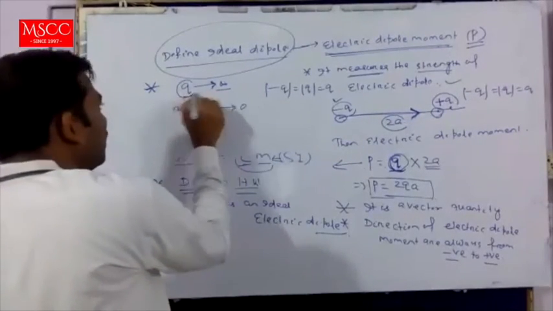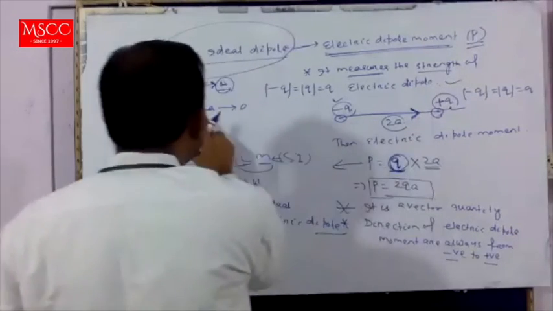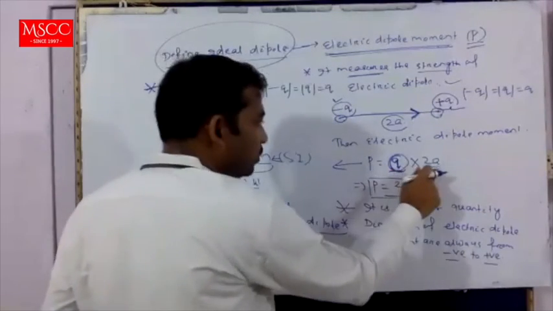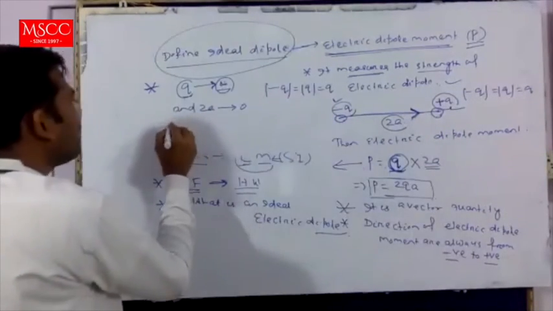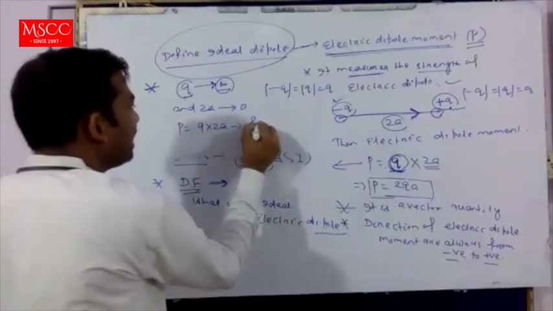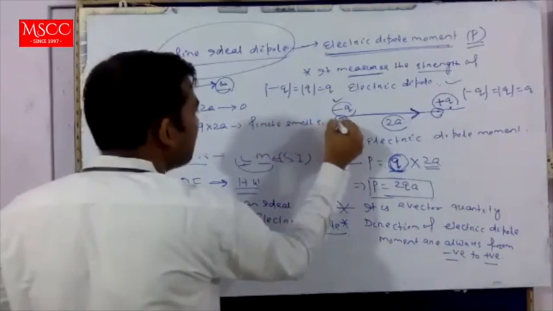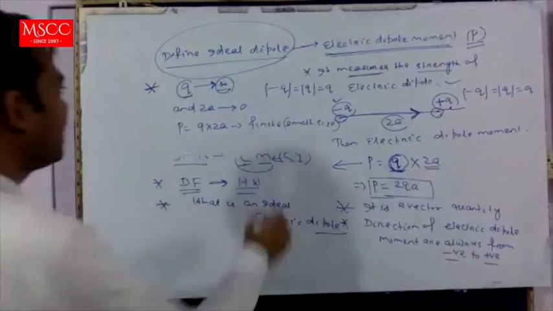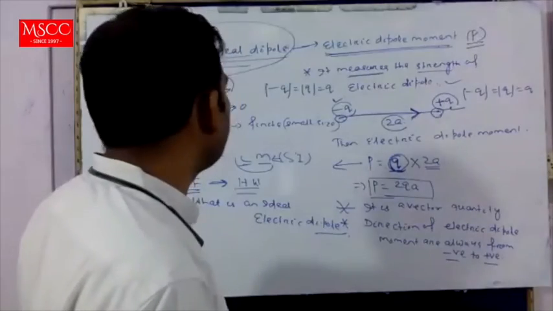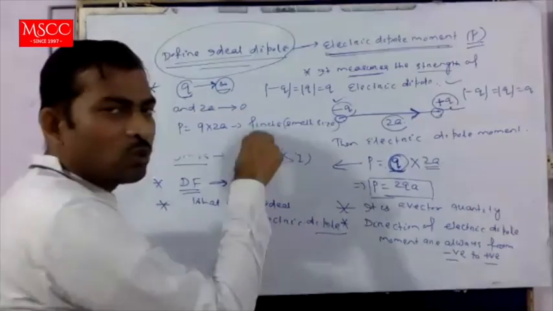As a result, P equals q into 2a is a finite small value. And as a result, this is called an ideal dipole.